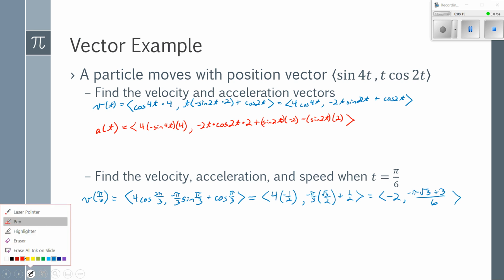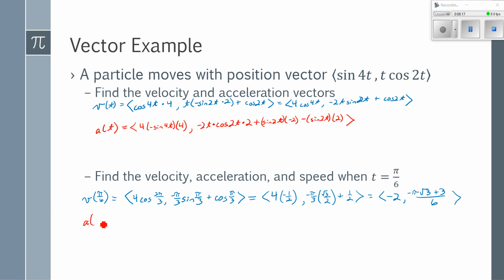For then the acceleration vector, I'd have 4, then the negative sine of 4 pi over 6 is sine of 2 pi over 3, which would be rad 3 over 2 times 4. Then that's my x-coordinate. Then for my y-coordinate, I have negative 2 times pi over 6, which is negative pi over 3.